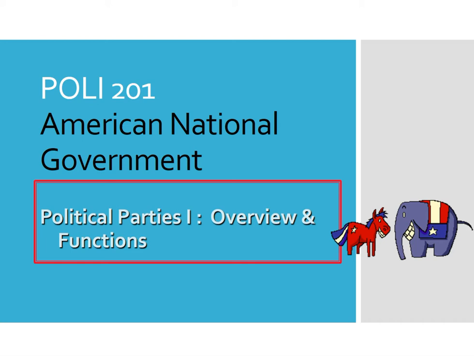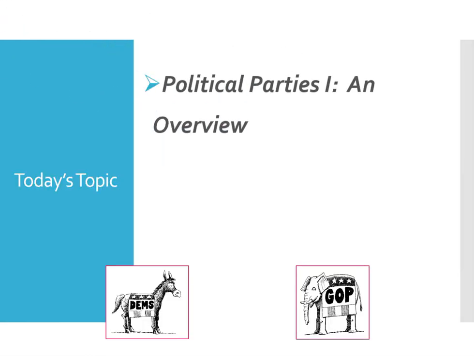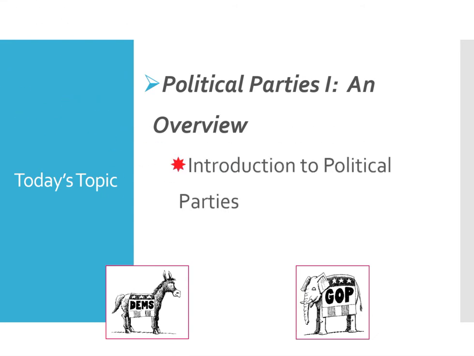All right, so what we'll do in this lecture is talk about the two-party system in various ways. And with today's topic, I want to just give a broad overview to talk about what are the functions of political parties, what do they do, how do we define them, and then I want to discuss what has been called for more than 100 years now, the responsible party model.